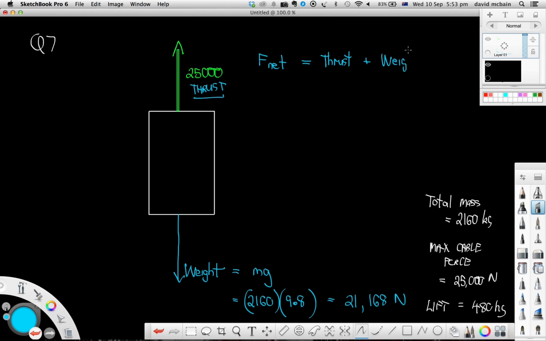Now, let's assign our directions. We'll call up positive, because the elevator is moving in an upward direction, and down is negative. So the net force is going to equal our positive thrust force, which is 25,000 newtons, plus our weight force, which is a negative force because it's down, so it's minus 21,168.